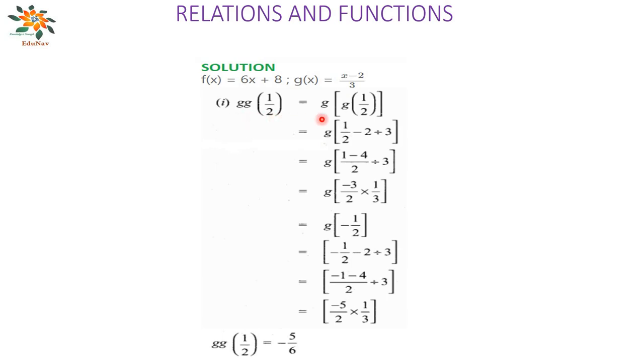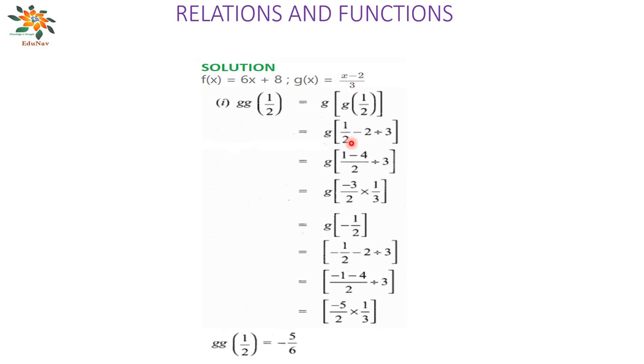gog of half can be written as g of 1 by 2. Now consider g of 1 by 2 alone. This is of the form g of x. So wherever x is there, we need to replace it as 1 by 2 in (x minus 2) whole divided by 3.